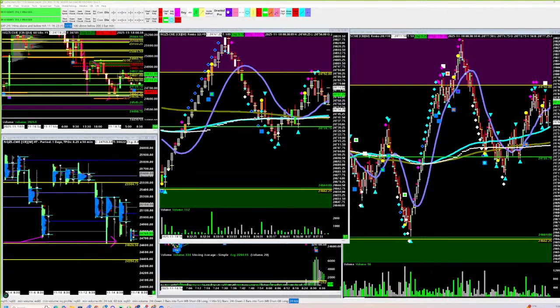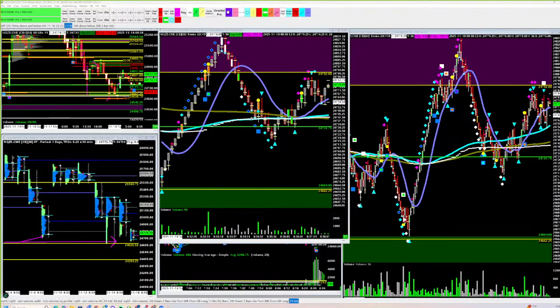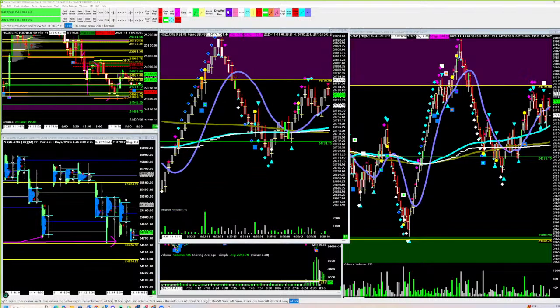Stop mode, distance. Yeah, 24 points, correct. Break even mode needs to go 20 minus 40, 25, 0. That's correct.